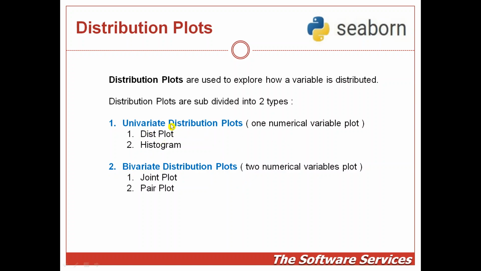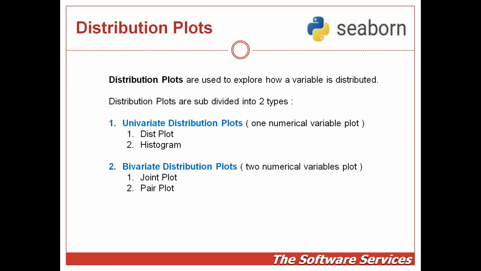Univariate, as the name itself indicates, means the data set which we are going to give is only one column. So we are considering only one column of data.